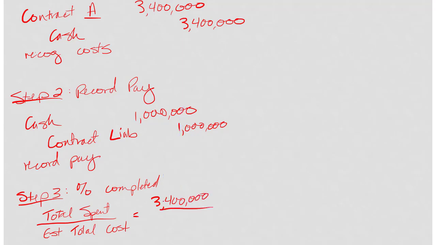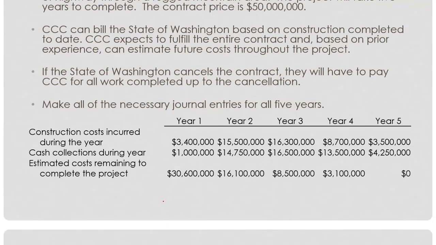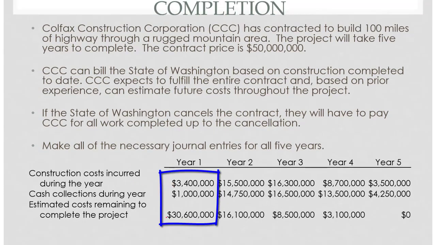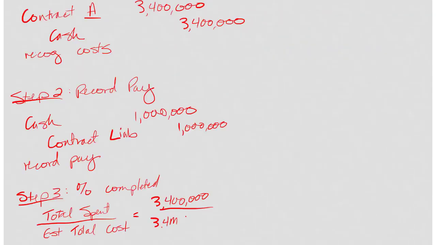And I'm going to divide by the total cost. So let's go back. We've spent 3.4 so far. We think we're going to spend another 30.6 million. So 3.4 million plus 30.6 million. 3.4 million divided by 34 million. So I'm about 10% done with this project.